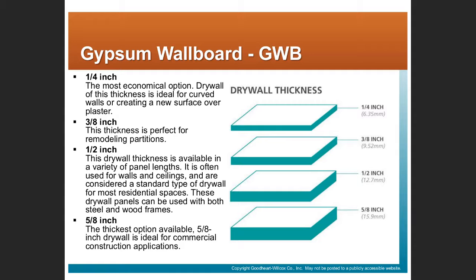You might use 5/8 drywall if you're going to 24-inch stud spacing. You're likely to go from 1/2-inch to 5/8-inch drywall to add a little bit more rigidity to that wall that's framed with 2x6s at 24-inch centers rather than 16-inch centers.